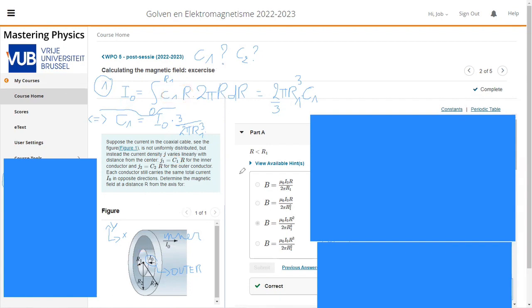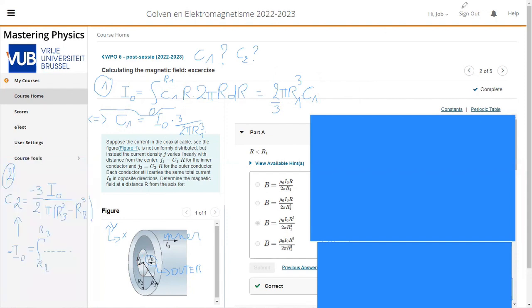But then you have to use the trick, this thing times the area, and then it will give you this answer. But it's not finished. This is just equal to E. Then you do this to find C1.